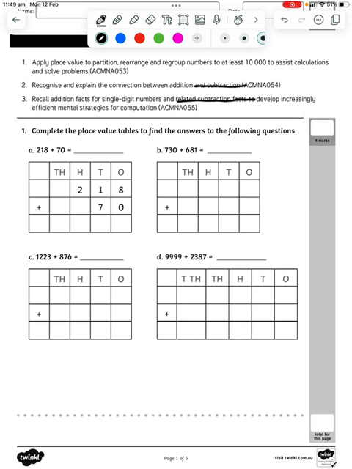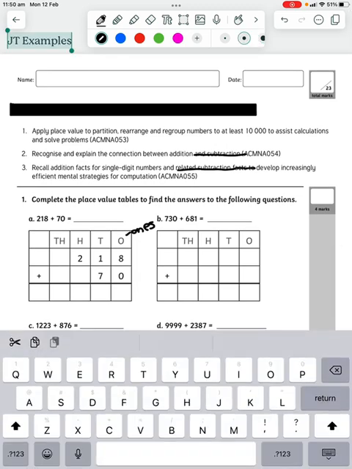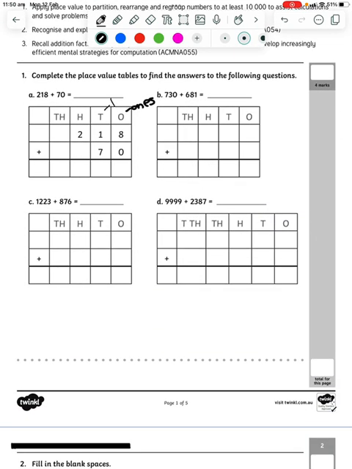So we've got up here O, T, H and TH. So this is for ones. I might make that a little bit smaller. There we go. This is tens, hundreds and thousands.